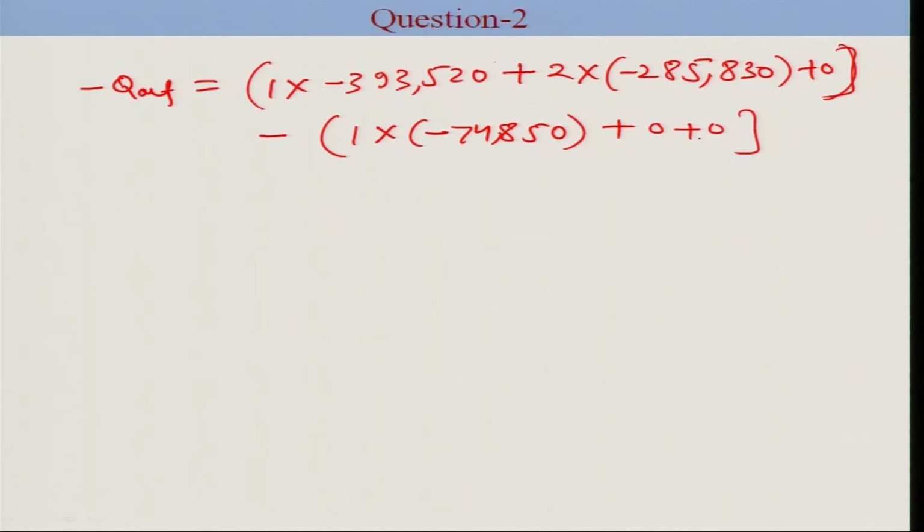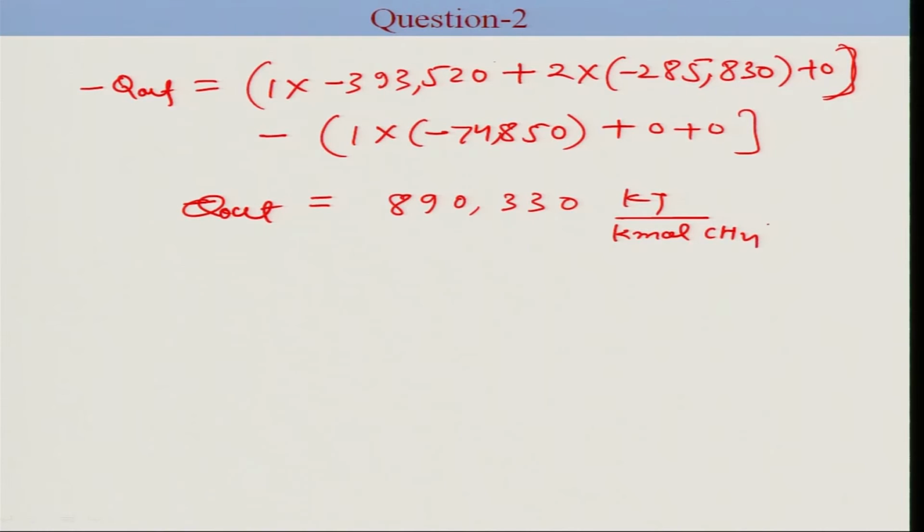After solving, Q out will be 890 kilojoule per kilomole of CH4. So, this much heat will come out of the combustion chamber.